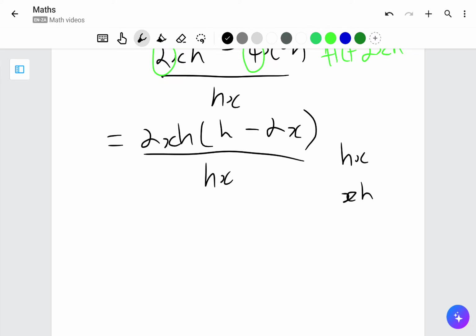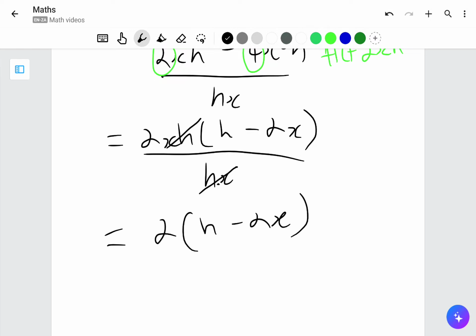Hx can also be written as xh, because remember there is a multiplication sign in between the two, so they can interchange. 1 times 2 and 2 times 1 is exactly the same thing, right? So h times x is the same as x times h. So these two can cancel, and now we are left with 2h minus 2x as an answer.